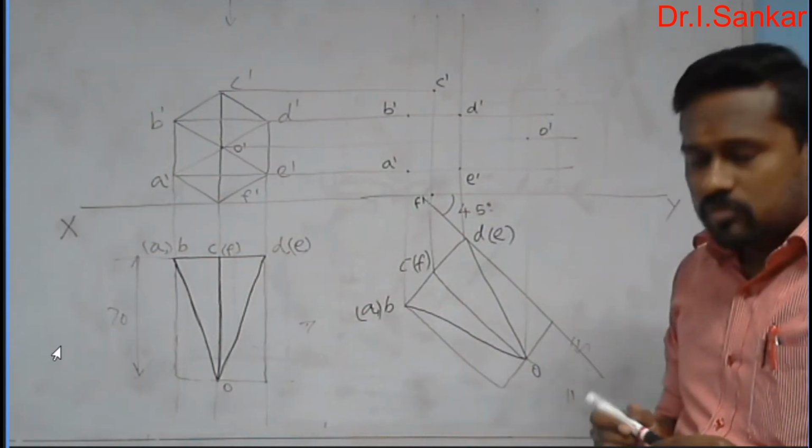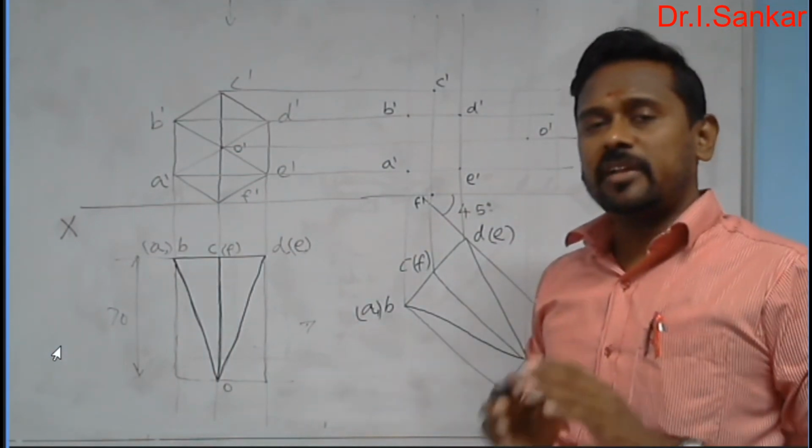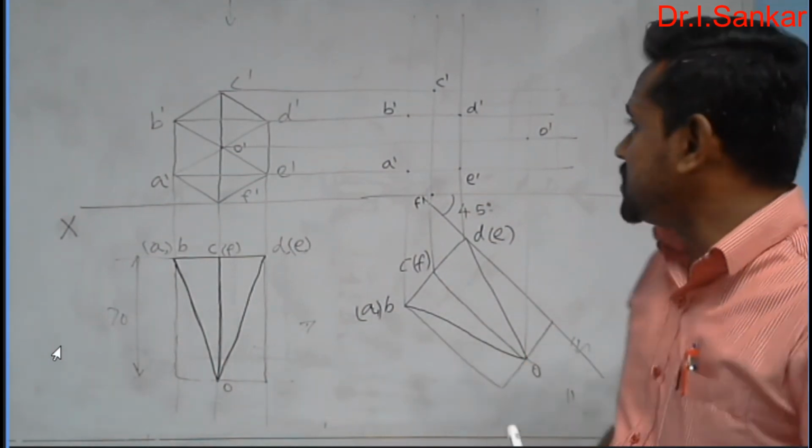Okay, and now by the first rule, we have to connect all the outermost corners as visible edges.